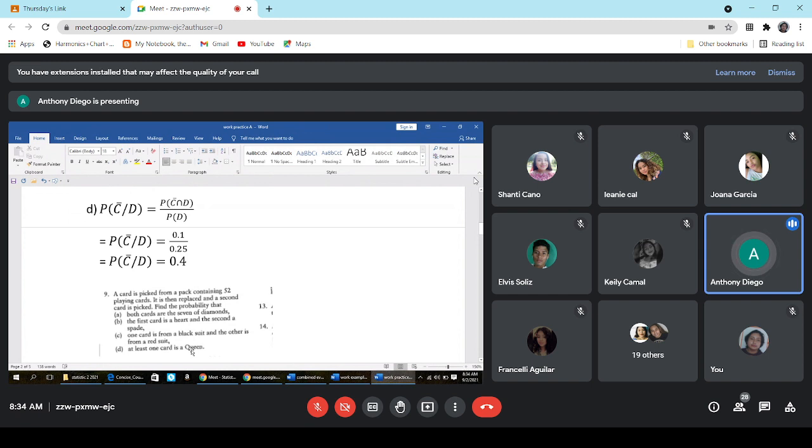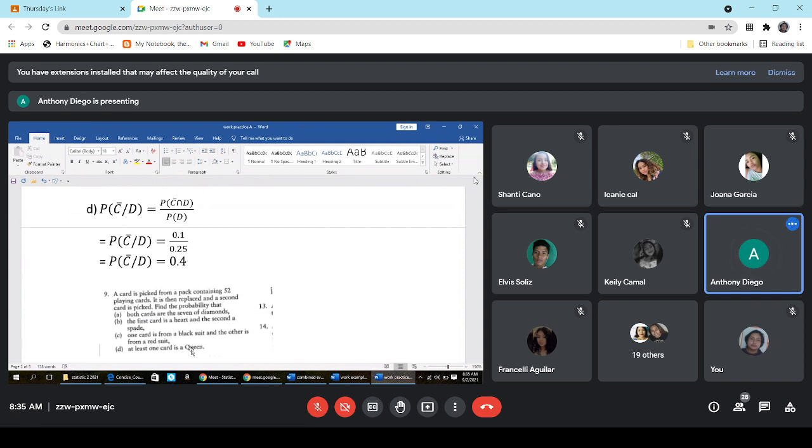Okay, let's look at this other problem here. A card is picked from a pack containing 52 plain cards. It is then replaced and a second card is picked. Find the probability that A, both cards are the 7 of diamonds.